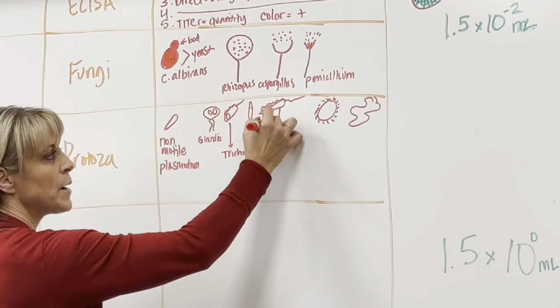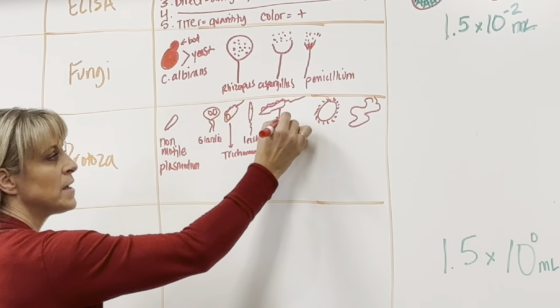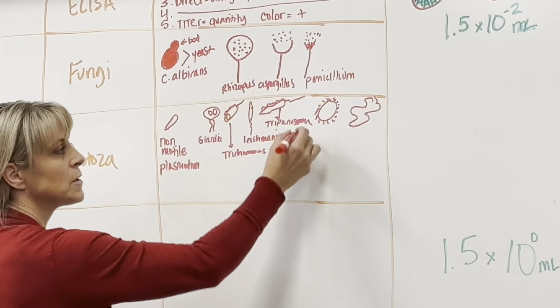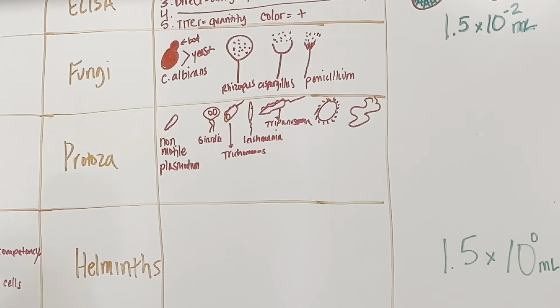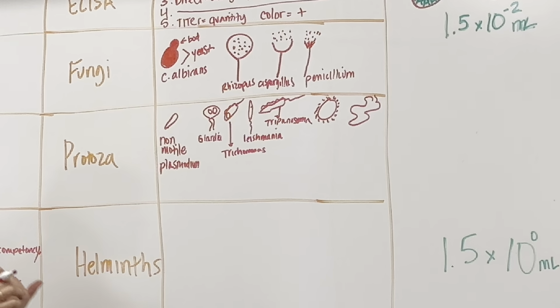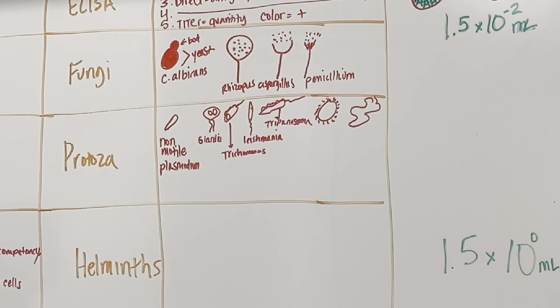This one is Trypanosoma. Trypanosoma looks more like a helmet, kind of. I'll show you in the microscope today. This one is from sleeping sickness, from the tsetse fly and the kissing bugs.